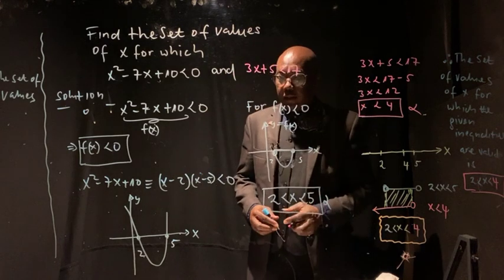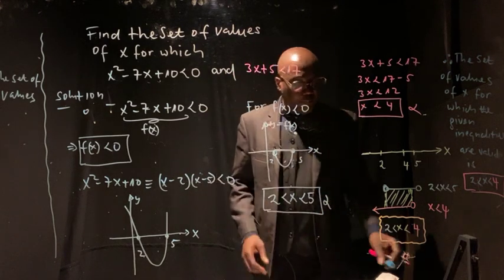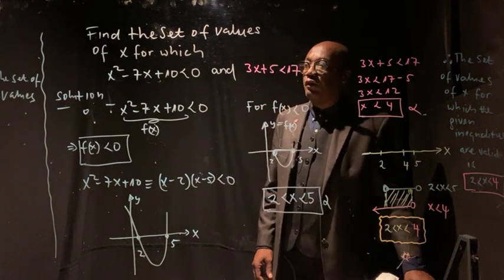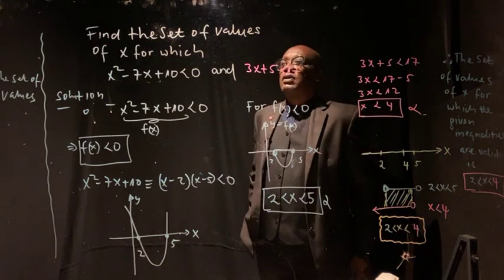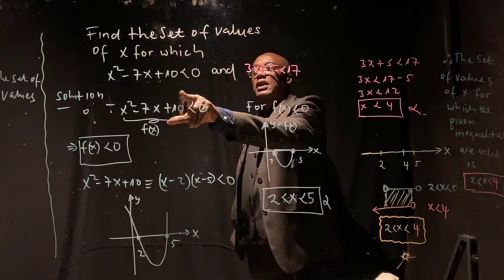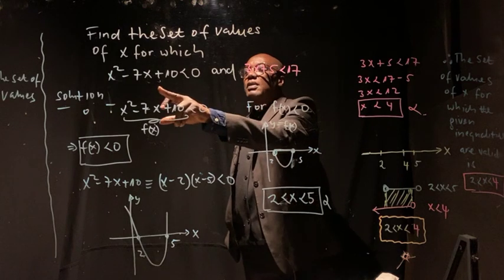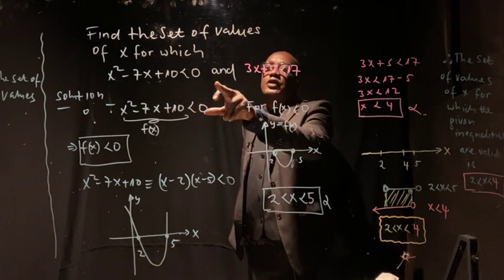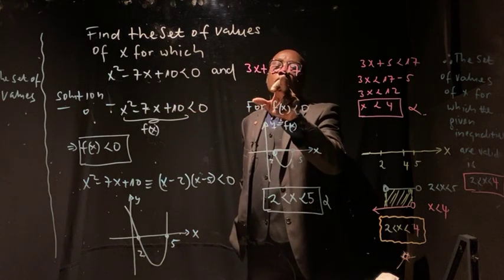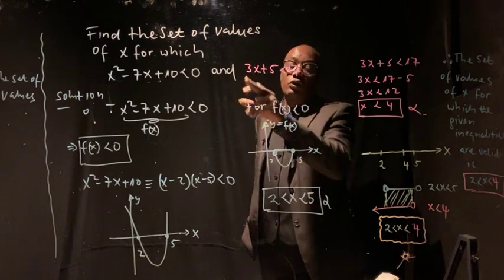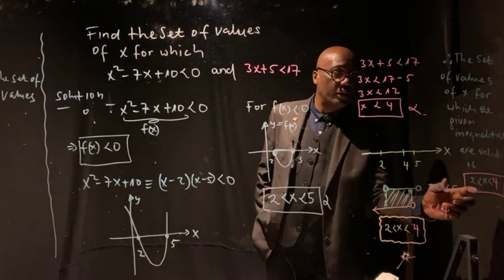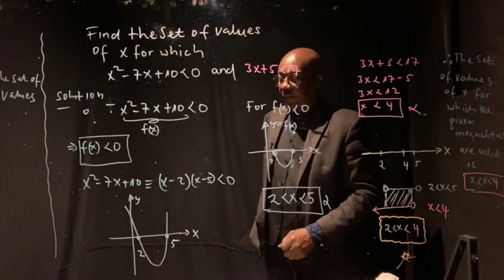Yeah, then that is that part of the question. We've done with it. So when the question says find a set of values of x for which this inequality x squared minus 7x plus 10 is less than 0 and 3x plus 5 is less than 17, that set of values of x is this one. So that's the answer.